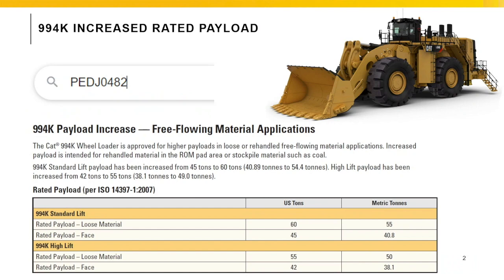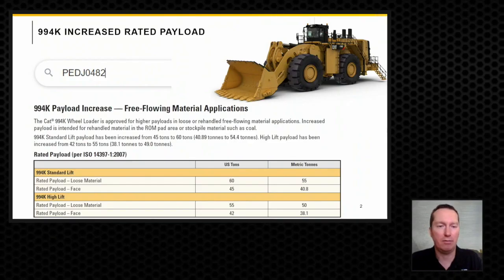I'll start with a frequently asked question over the last year, and the question revolves around having one machine with multiple rated payloads. And the answer to that question revolves around asset utilization. We have the 994K sometimes operating in a low to moderate digging resistance and sometimes operating in a moderate to high digging resistance.